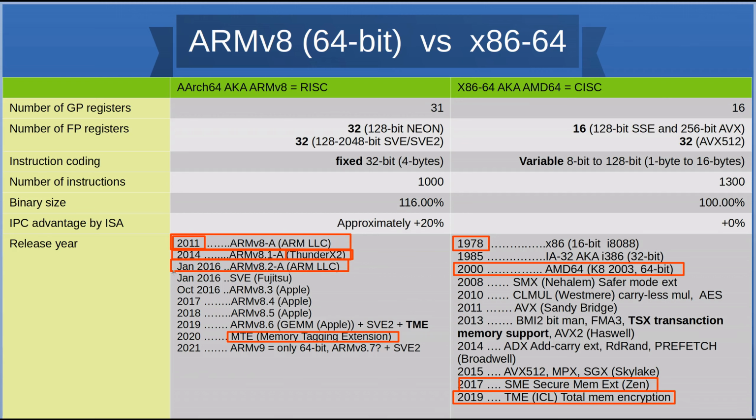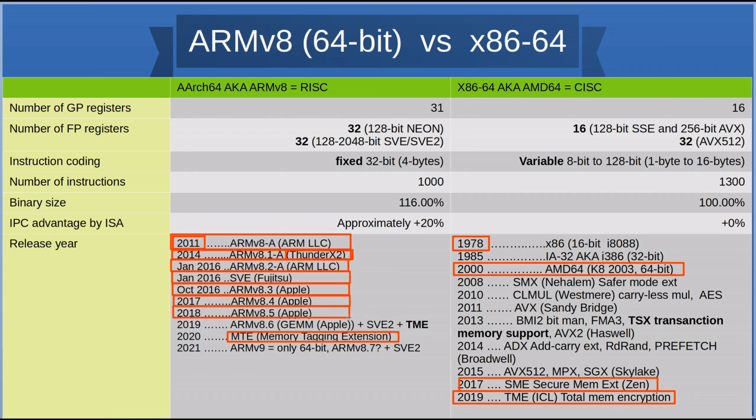Then in 2016 came floating point matrix multiplication, because of the Fujitsu supercomputer. And Apple asked for ARM v8.3, and 8.4 was also an Apple extension, because no other CPU has those instructions.